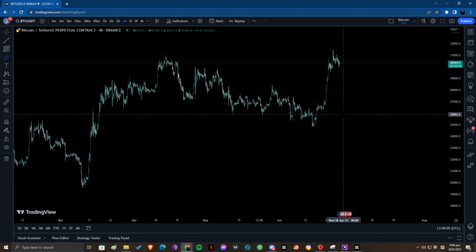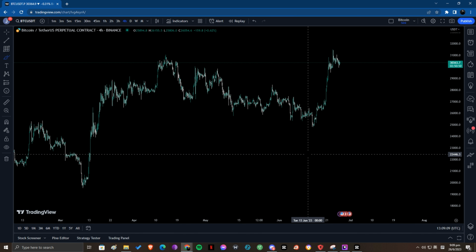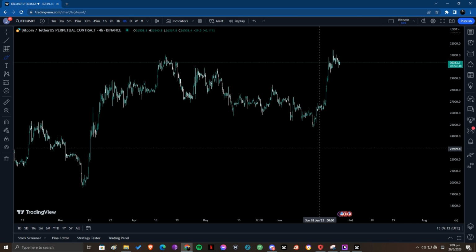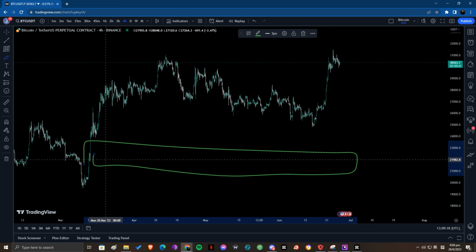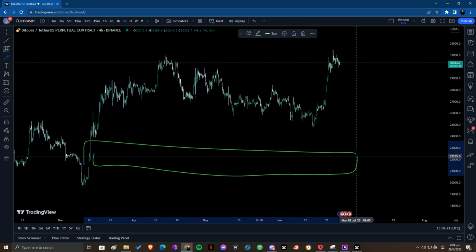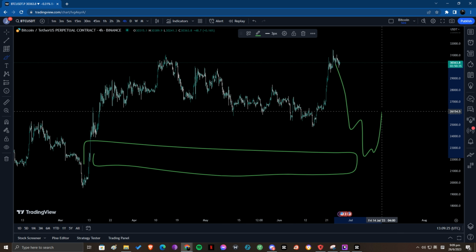For people that are full-time day traders, or if you have more free time, you can actually put an alarm here, and if the price reaches this area, which is this order block essentially, you put a market order. If you see the price reacting like that and you see a little move up, then you can market order.